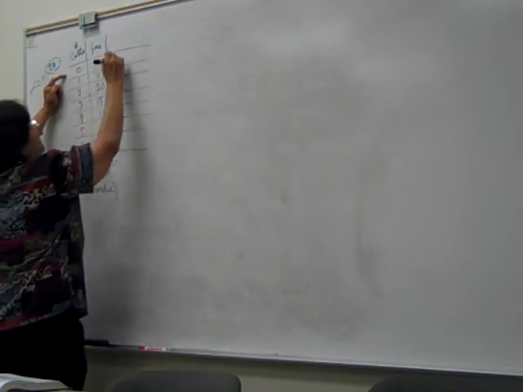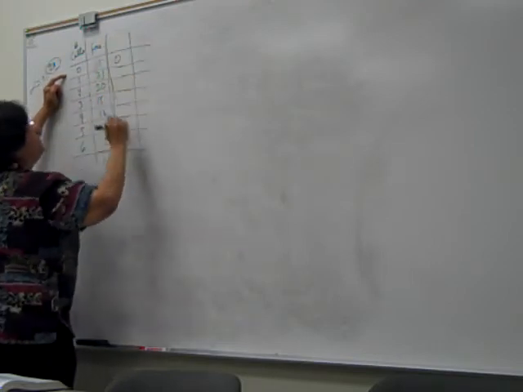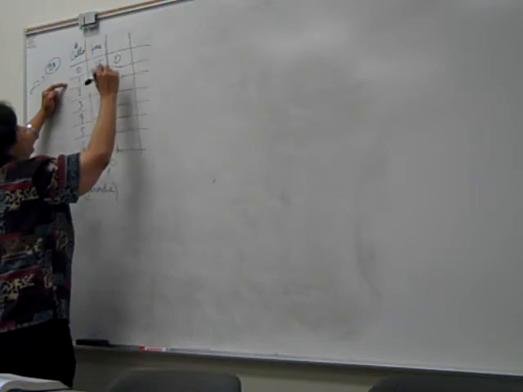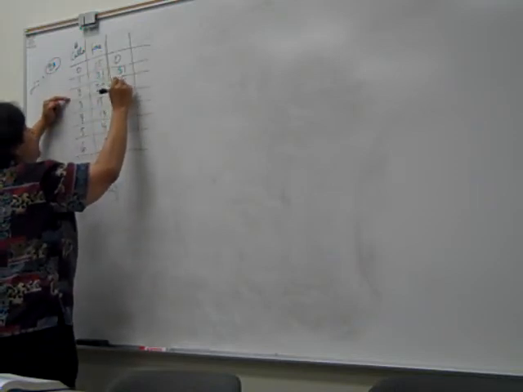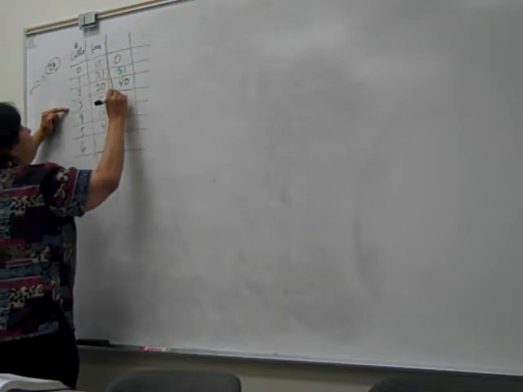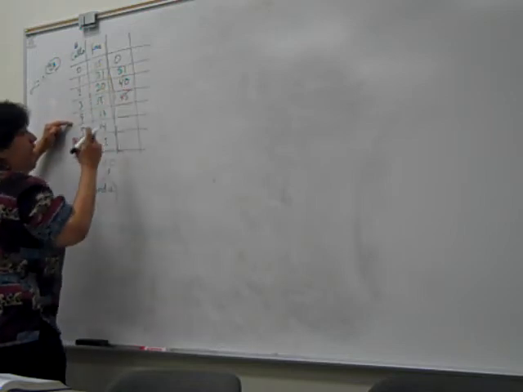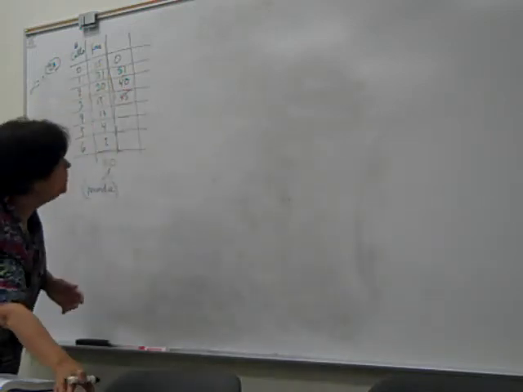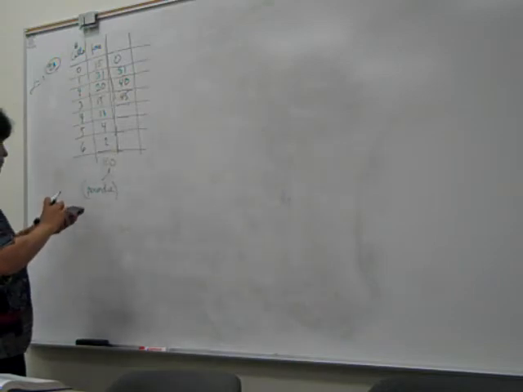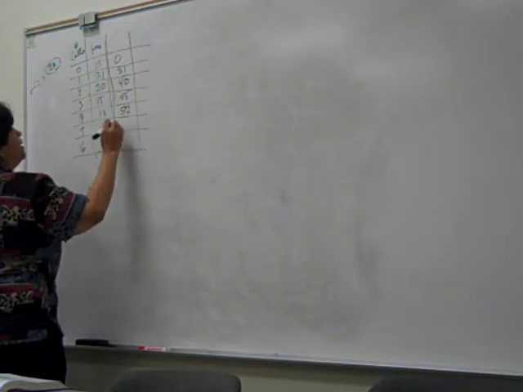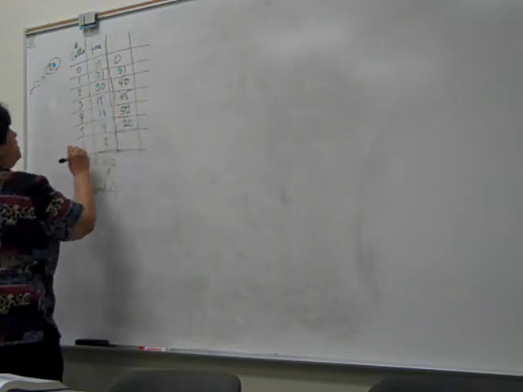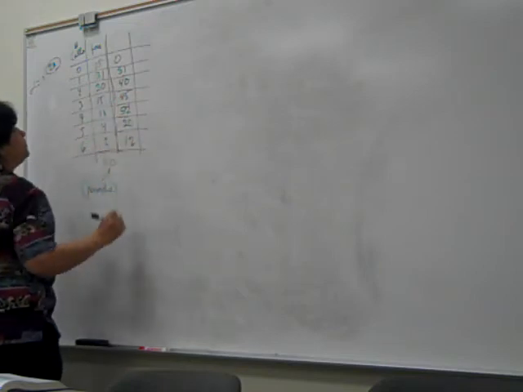So 0 times 15 is 0, 31 times 1 is 31, 20 times 2 is 40, 15 times 3 is 45, 13 times 4 is 52, 4 times 5 is 20, and 6 times 2 is 12.